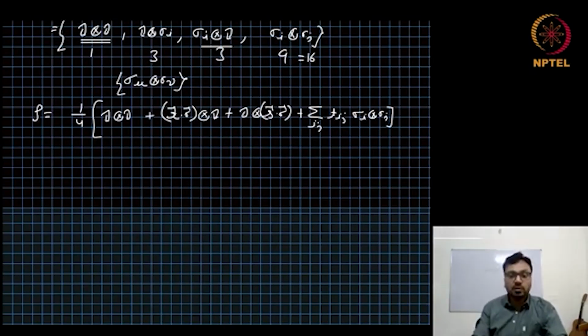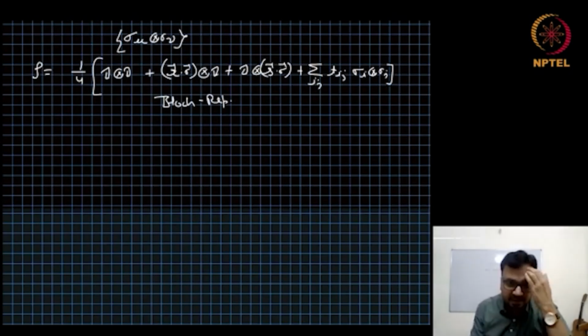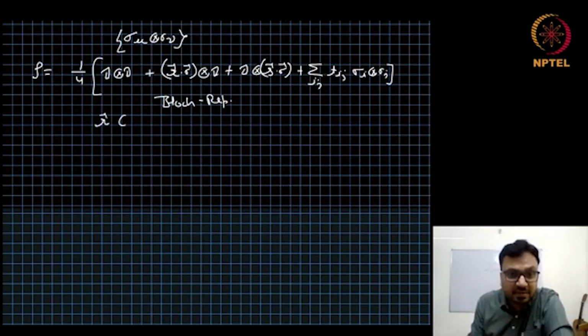This is called the Bloch representation of a two-qubit system. Here r vector is a three-dimensional real vector, s vector is a three-dimensional real vector, and T, such that t_ij are the elements of this matrix, is a 3 by 3 real matrix.